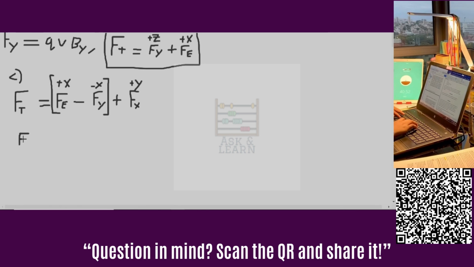So the force due to the y component of the magnetic field will be, we have the charge, simply the charge of the particle, which is also the same in every case, velocity, which we know, times By. I'm sorry, this is Fx.